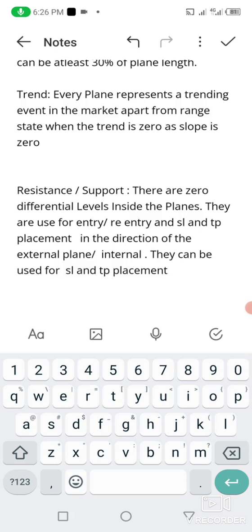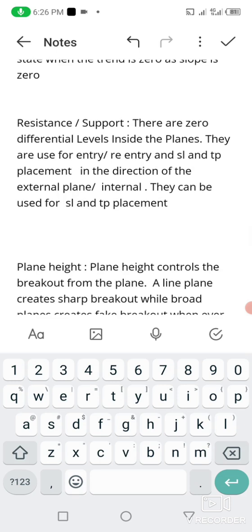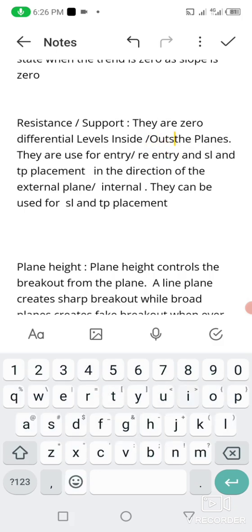So we talk about resistance and support. There are zero differential levels inside the planes and outside the planes.